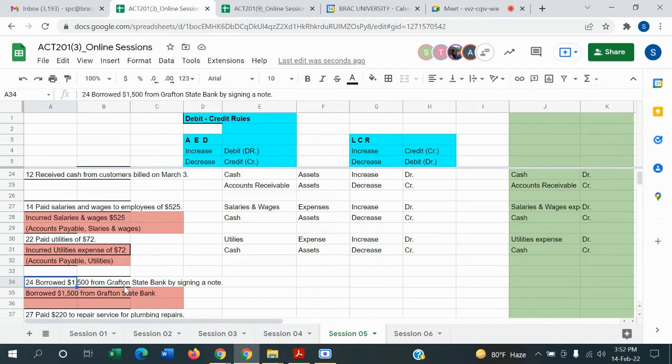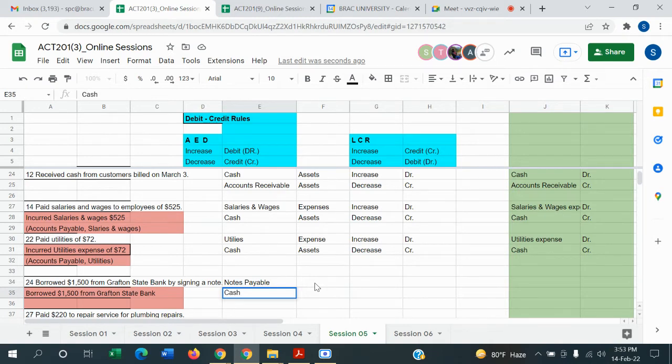Borrowed 1500 from Grafton State Bank by signing a note. Can you remember the note? Note payable and, sir, should I write cash or bank? Same thing as I have mentioned. Cash and bank are considered similar accounts because nowadays, when any transaction is incurred in an organization, they do not deal with cash, they always deal with the bank.